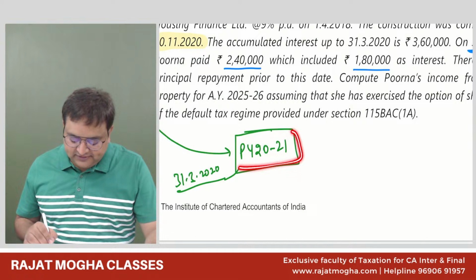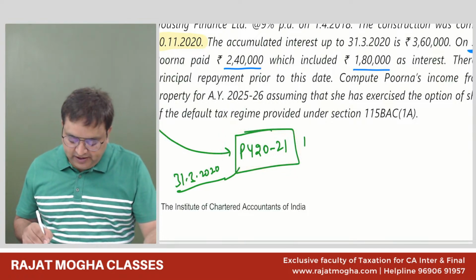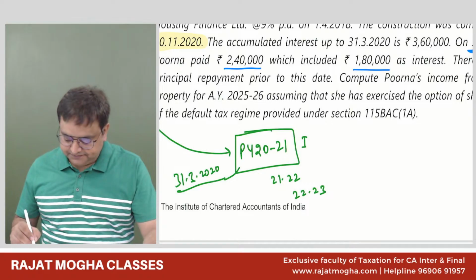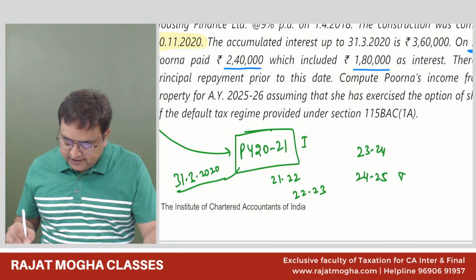See, this is the first year. Whenever the house is completed, this is the first year. So 2021 was the first year. 21-22 second year, 22-23 third year. Previous year 23-24 is the 4th year, and previous year 24-25 is the 5th year. This is second year, third year, 4th year, and 5th year.